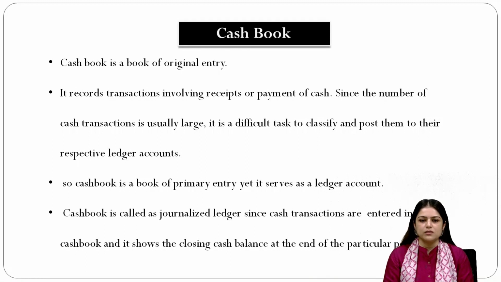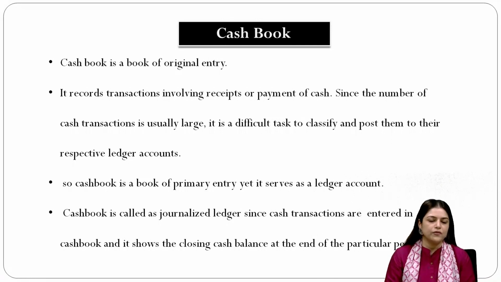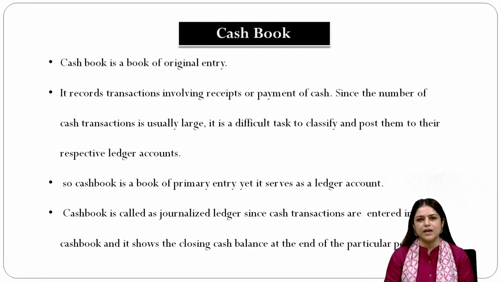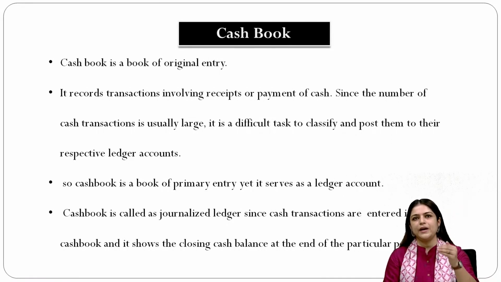Cash book is also called a journalized ledger since the cash transactions are entered in one book, the cash book, and it shows the closing balance at the end of the year or particular period. Means after maintaining the cash book, you will identify the closing balance, which is the opening balance for the next year.